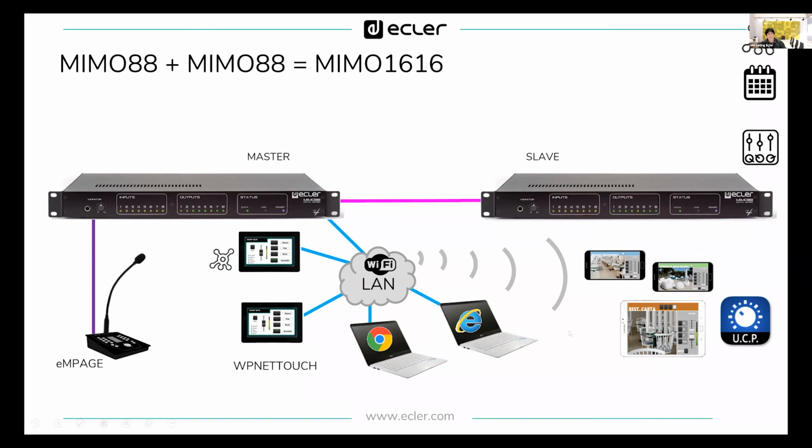This is called UCP, and with the app, you can just point again to this WPNet touch, and this WPNet touch will provide UCPs to these devices that are all in the same network. So there are many ways to control the matrix from EclerNet Manager.